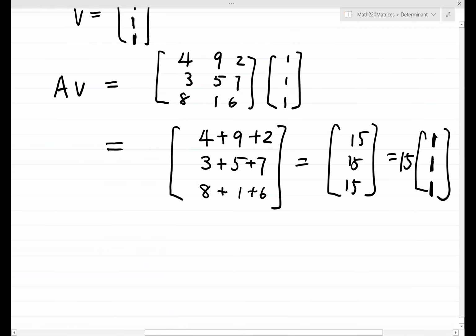So A has an eigenvalue 15. Now this word eigen comes from the German word meaning own or self.